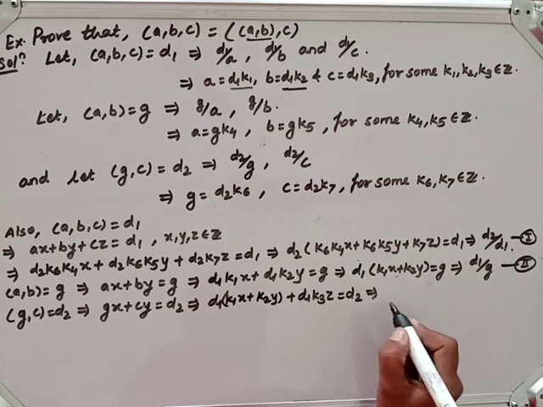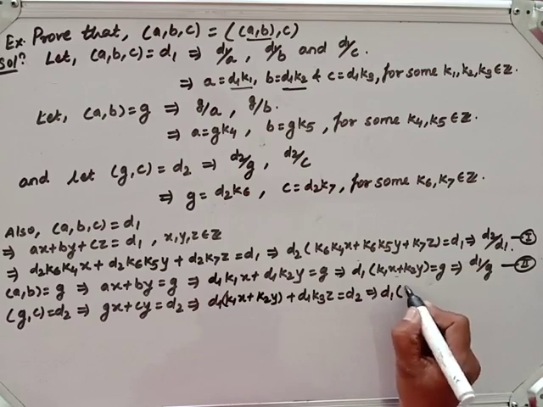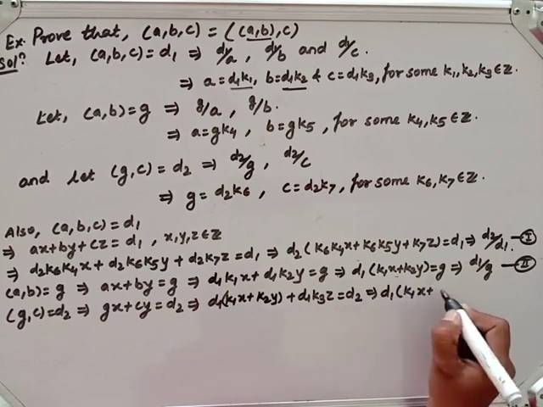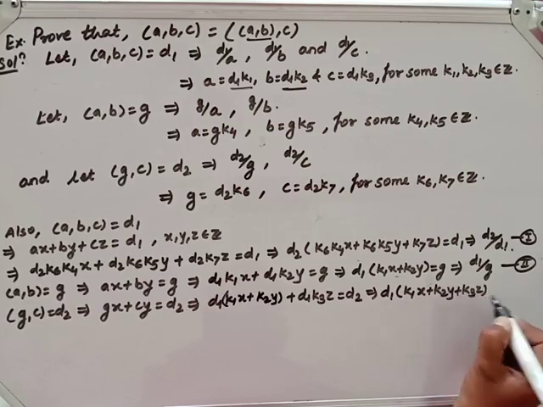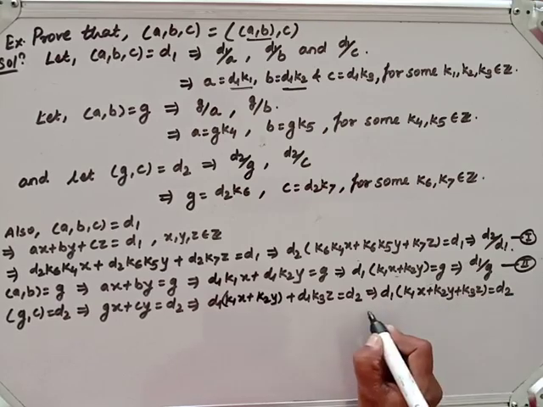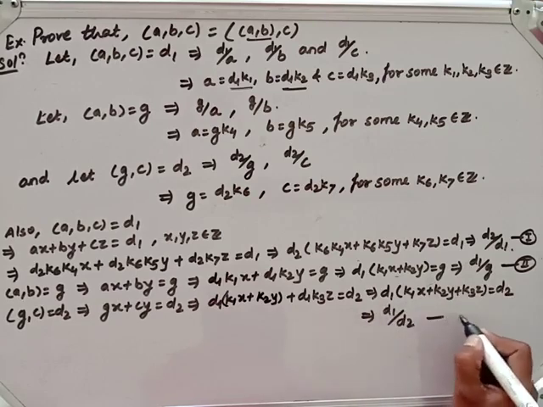So this implies D1 into K1x plus K2y plus K3z is equal to D2. So this gives D1 divides D2. Call it as equation number 3.